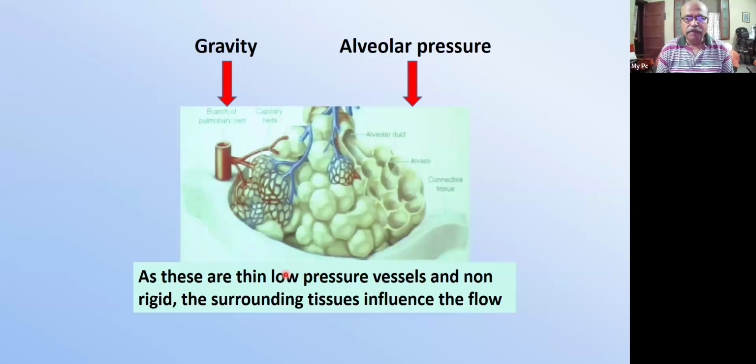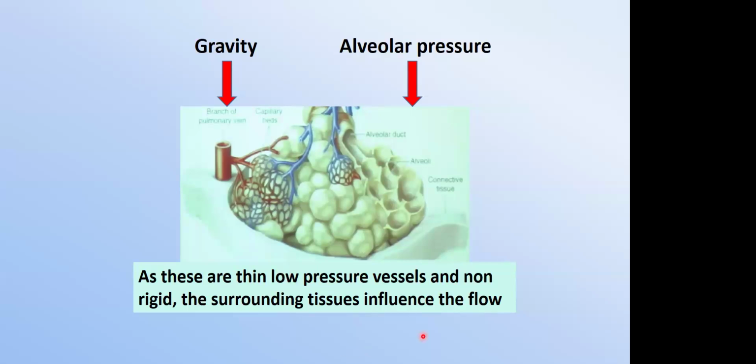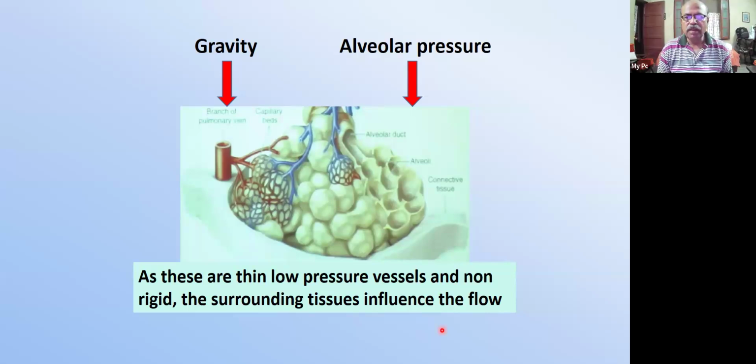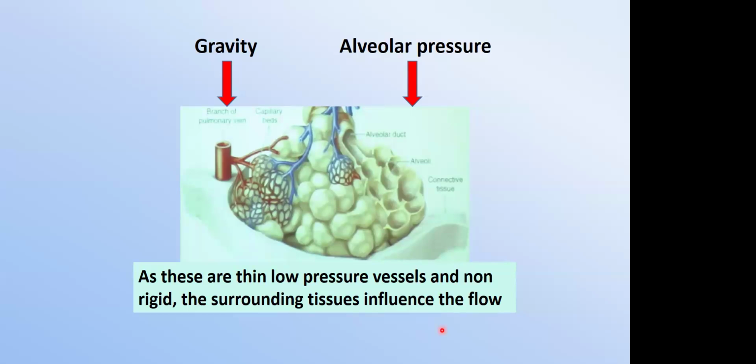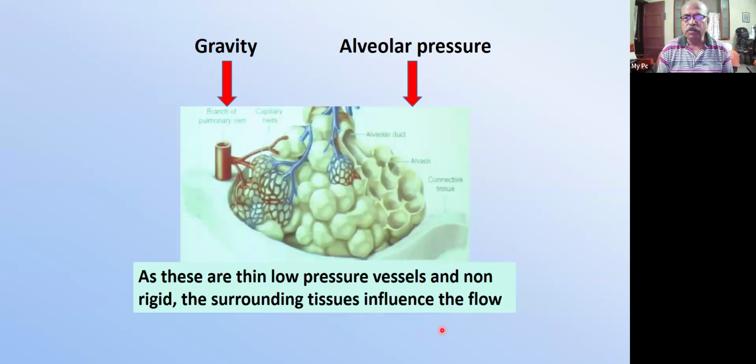Now, not only gravity, there is another pressure which is known as the alveolar pressure. They also play a big part in governing the perfusion, because these are thin, low pressure, non-rigid vessels, and the surrounding tissues influence the flow through the pulmonary vessels.